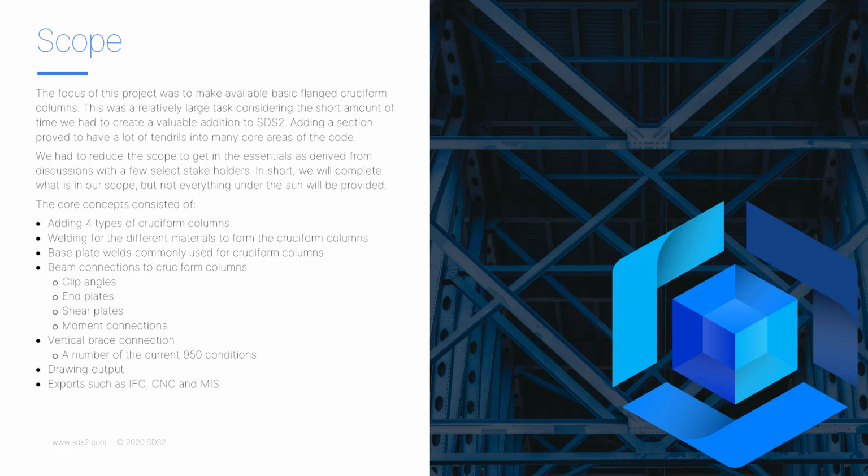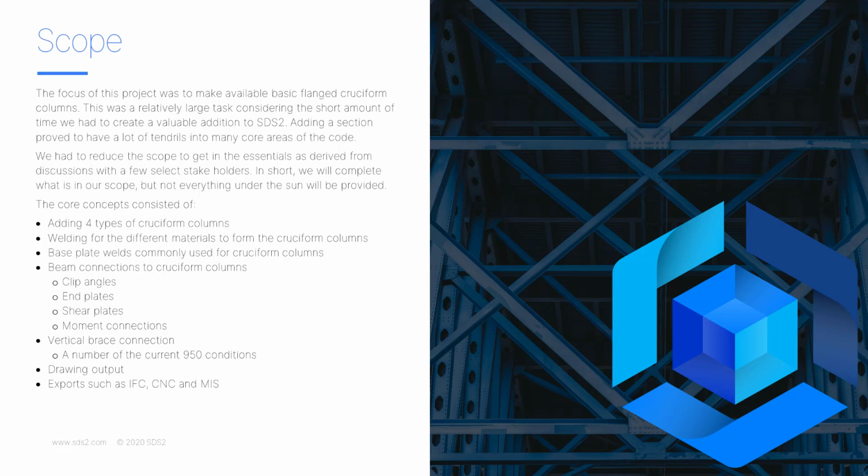So with the Cruciform column here, the focus of the project was to make available basic flanged cruciform columns. This was a relatively large task considering the short amount of time that we had to create the addition to SDS2. Adding a section proved to have a lot of tendrils into many core areas of the code.